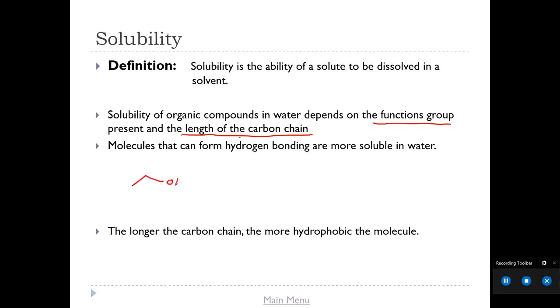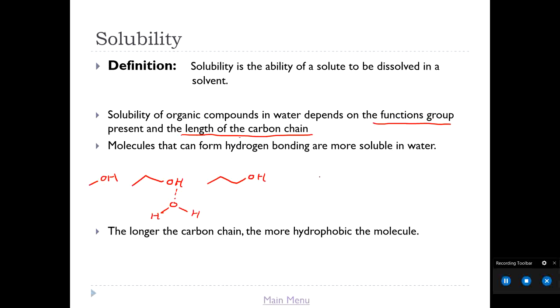In fact, we consider methanol, ethanol, and propanol to be 100% completely soluble in water, and it's because these OH groups can interact through hydrogen bonding with the water, allowing the water to dissolve them.